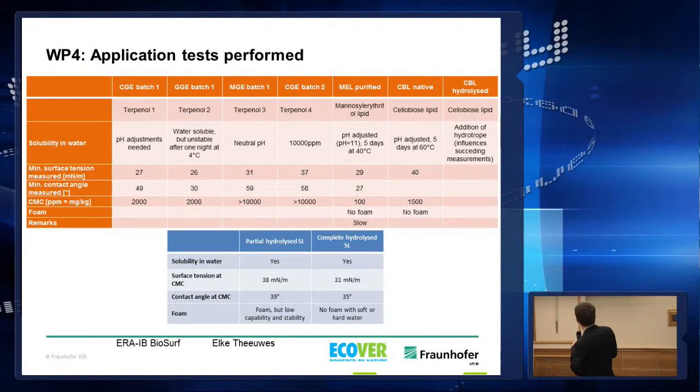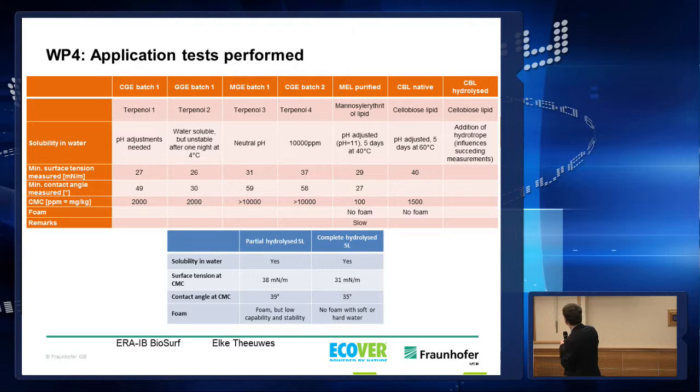And here we have 4 different terpenols, which I cannot disclose any further, which show surface tension values that are quite similar here. The mannosylerythritol lipids or the cellobiose lipids are also in the same range. What you see is that the contact angle here is also in a similar range.